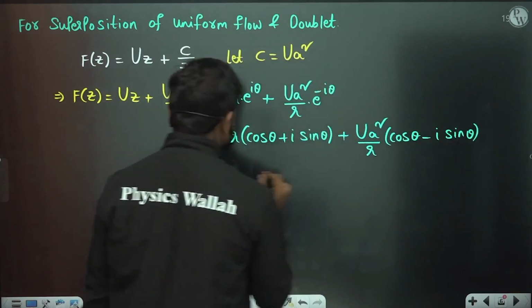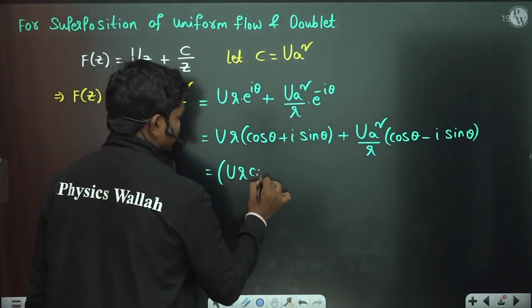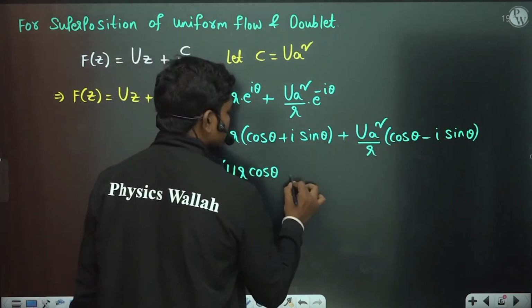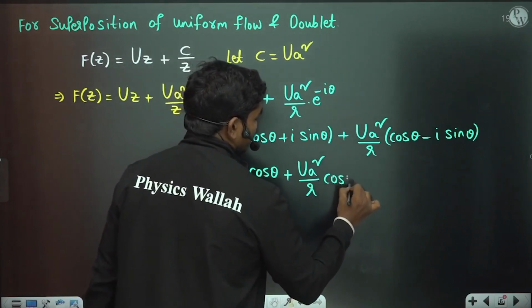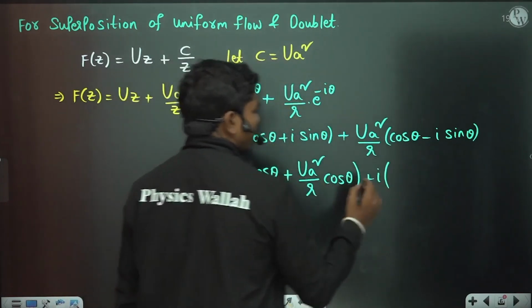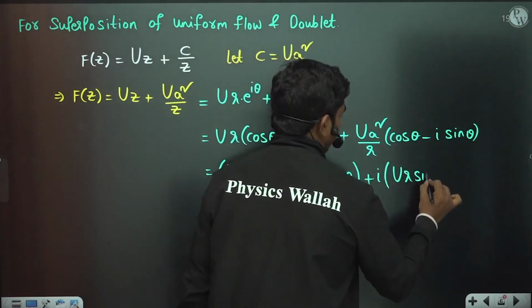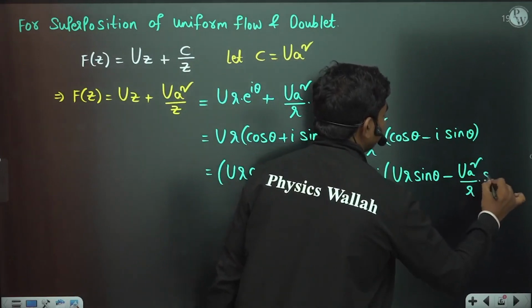Okay, so if you segregate this into real and imaginary parts, we get U R cos theta plus U A square by R cos theta. So this is the real part, plus i times the imaginary part, U capital R times sin theta minus U A square by R times sin theta, correct?